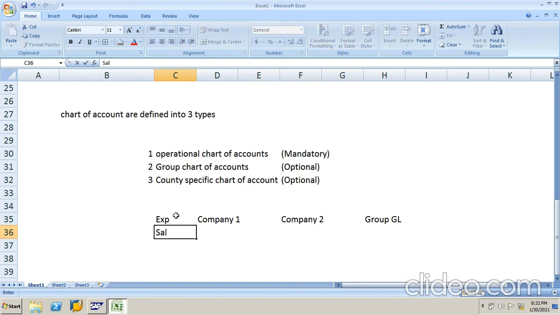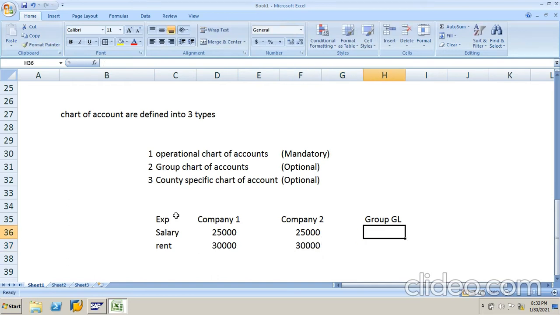Expense is salary. In company code 1, I have created the number range is 25,000. In company code 2 also I have created number range is the 25,000. Suppose next one is the rent expense is there. Here I have given 30,000 and here also 30,000.